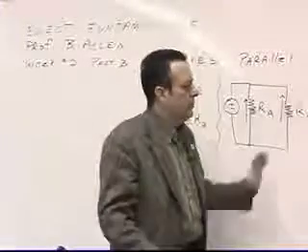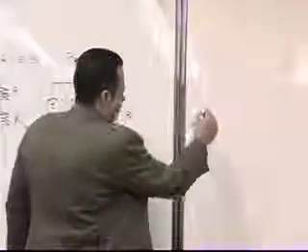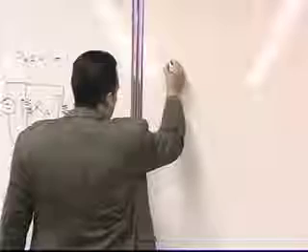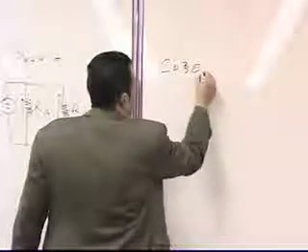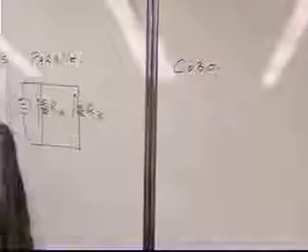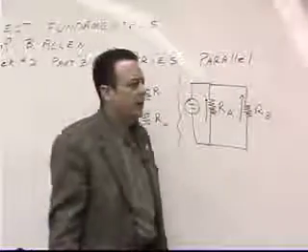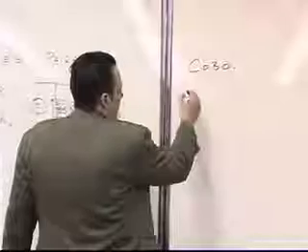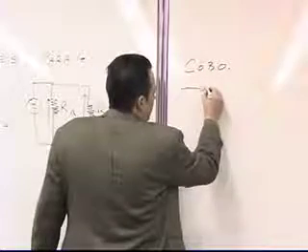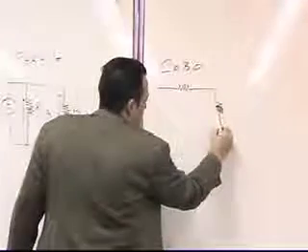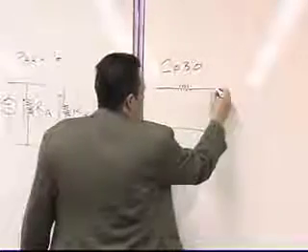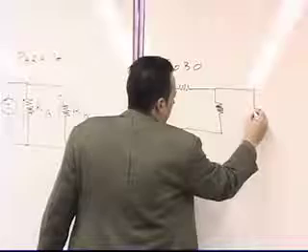Moving over to the right a little bit, the final configuration is what we call combination circuits, and I'll just abbreviate combo. And combination circuits are basically resistors or loads that are connected in configurations that can't be defined as series or parallel.